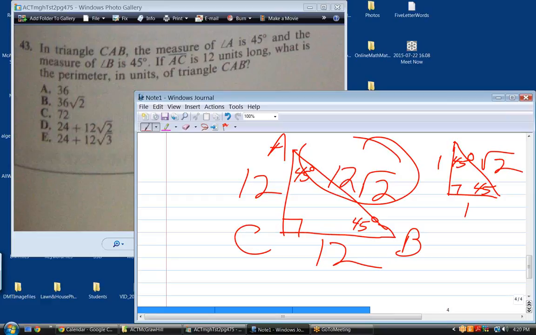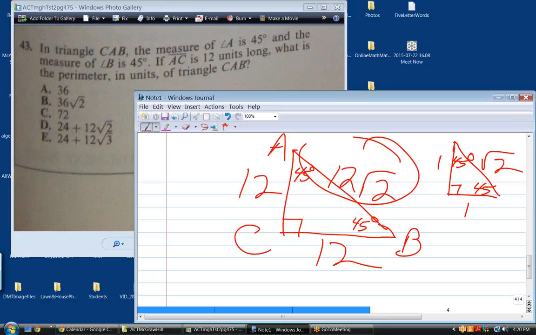Okay. Now, how come that answer isn't on there? Wouldn't it be 24 plus 12 root 2? D. Ah, it's the perimeter they want. So we have to add up everything. Yeah, it's 24 plus 12 root 2.